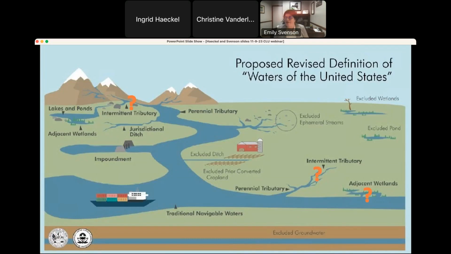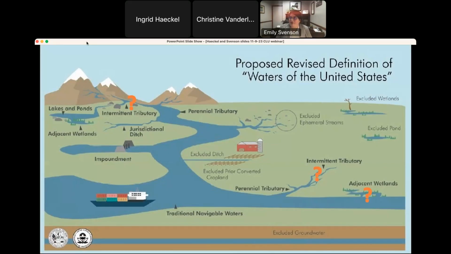I have a couple slides here to try to illustrate that change. So this slide shows a traditional navigable water like a river, then the tributaries to it that are perennial, that flow year round, they will be regulated by the federal government, and wetlands that are adjacent to those tributaries will be regulated.